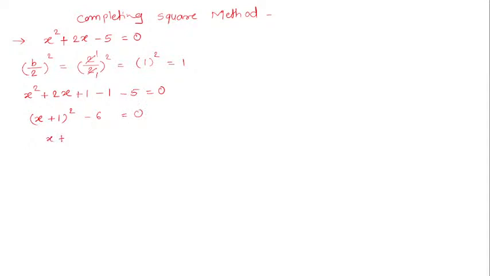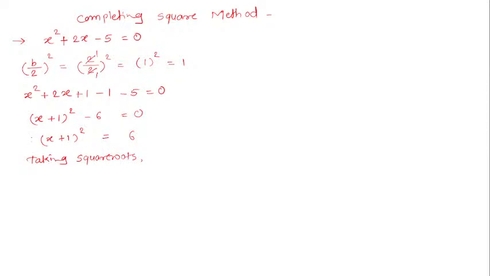Now (x plus 1) bracket square as it is, and minus 6 coming to the right hand side will be plus 6. Now we have to find the solution, that means we have to find the value of x. To do that we have to take a square root, so taking the square root on both sides, because we have to do the operation on both sides of the equation.